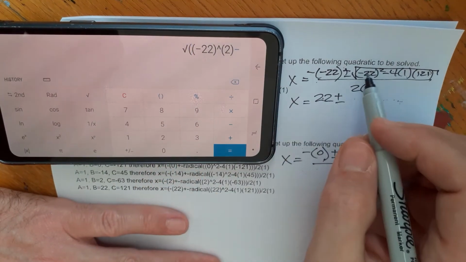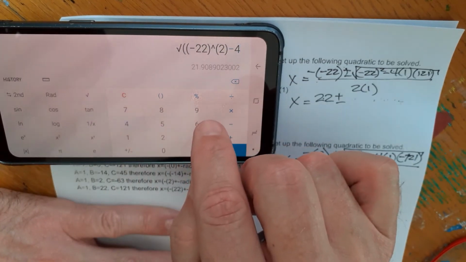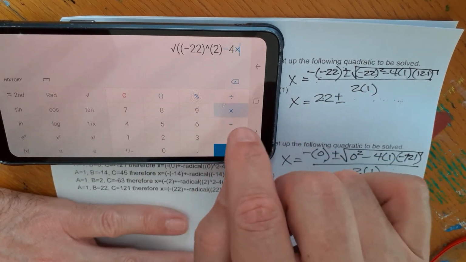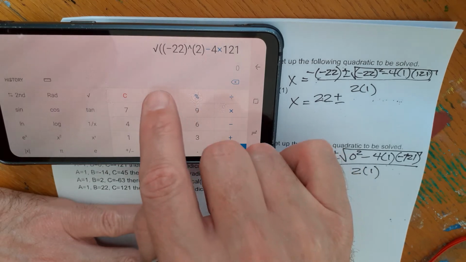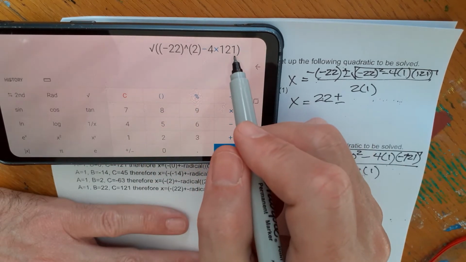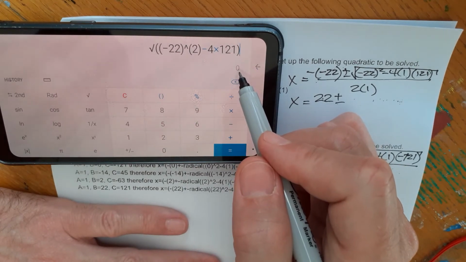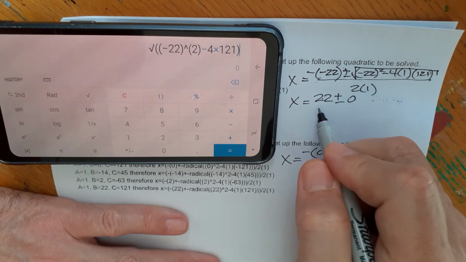Square root, negative 22 squared, minus 4 times 1 times 1, 2, 1. All right, how many parentheses do I need? This parenthesis closes in with this one. Good, that's it. Interestingly enough, look what I got. 0. All right, so there's a 0 here.